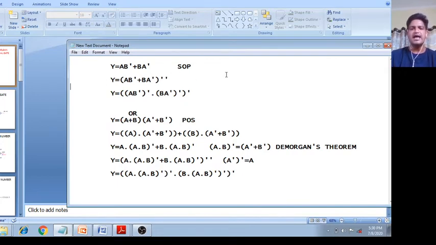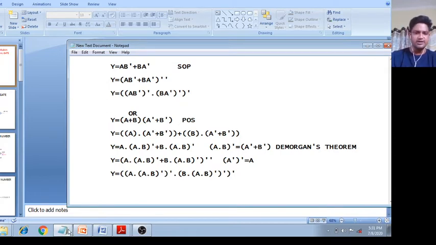You know X plus Y whole bar equal to X bar dot Y bar. So (A B dash)' dot (B A dash)' and whole complement of this. Now by using this expression you can implement your XOR gate or any function.